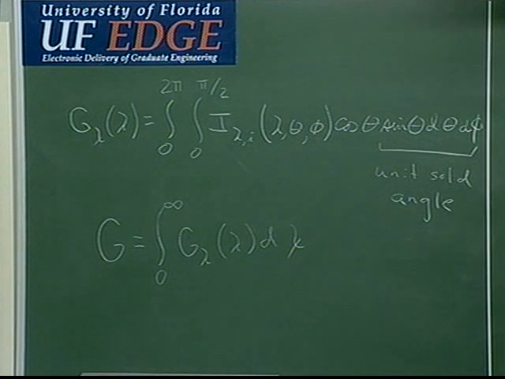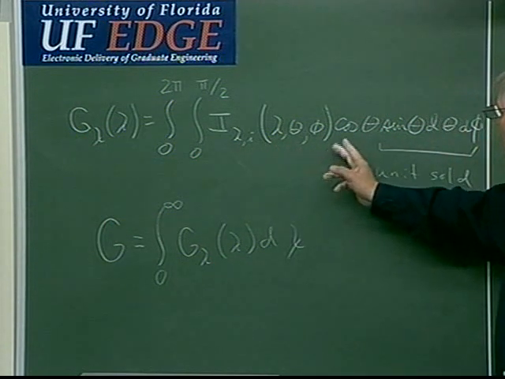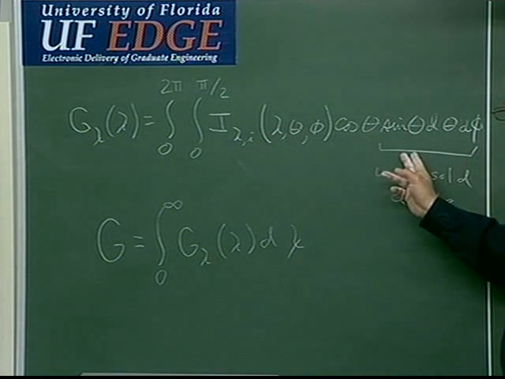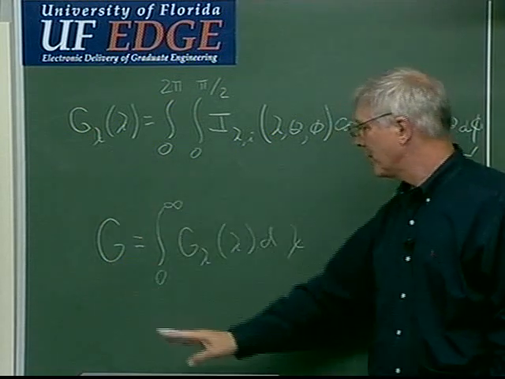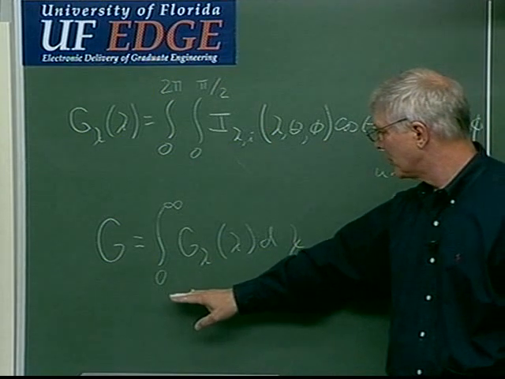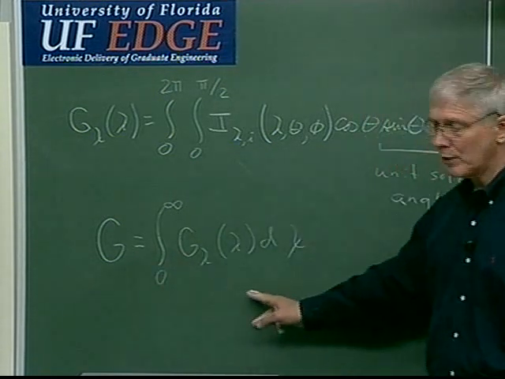Okay, using the definition of the spectral intensity, we can get the irradiation, and we integrate the intensity over the projected area times the unit solid angle, and we get the spectral irradiation. Then we can find the total irradiation in a similar procedure by integrating over all wavelengths, and so we get the total irradiation like that.